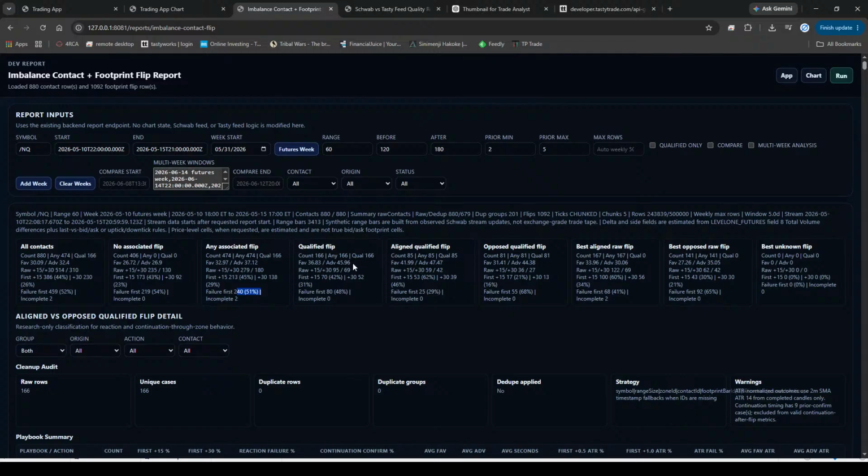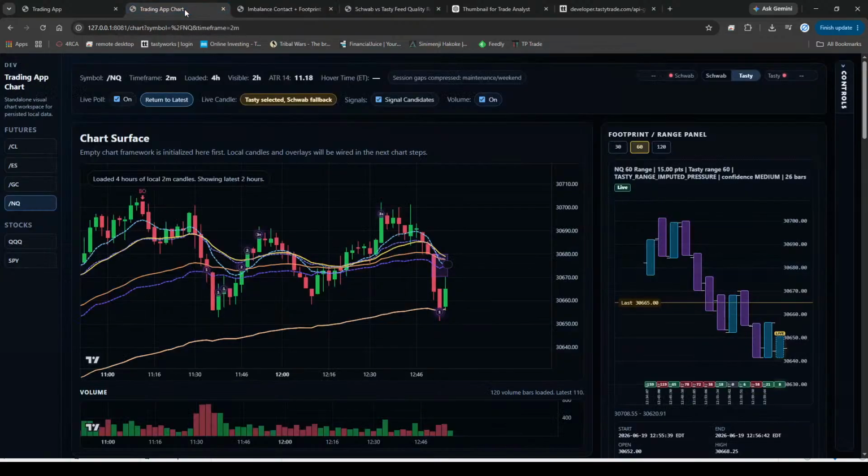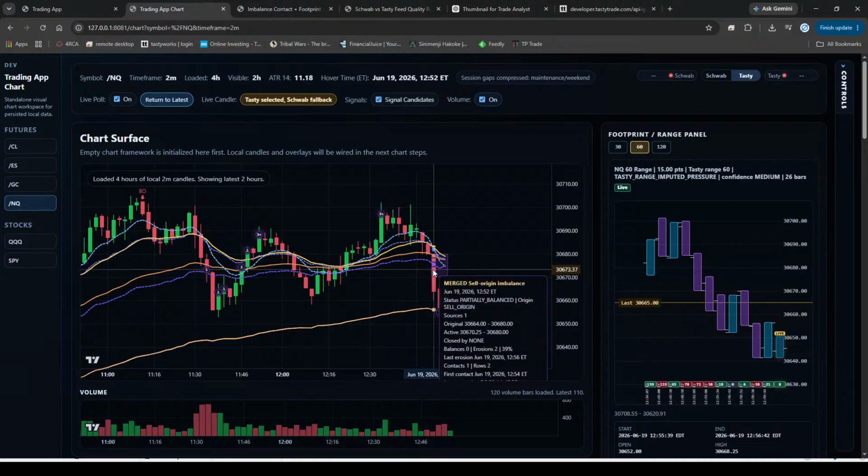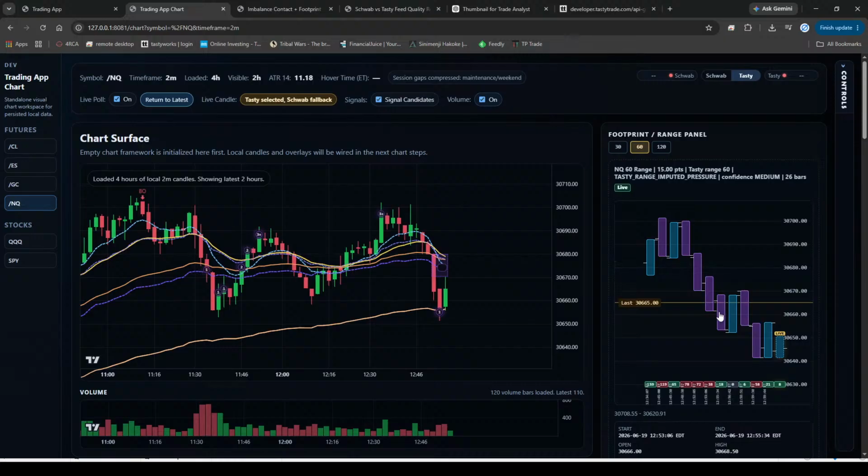And so now I started looking at qualified flips. So a qualified flip is that I had two candles or more. And this one we had 1, 2, 3 candles. So my qualification is that it has to be 2 to 5 candles before the flip.